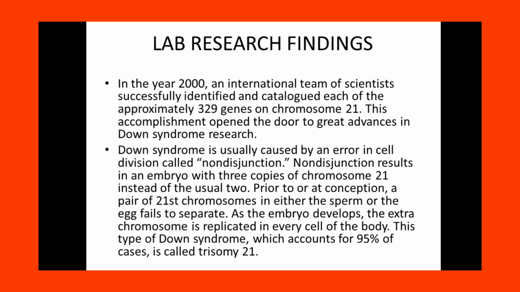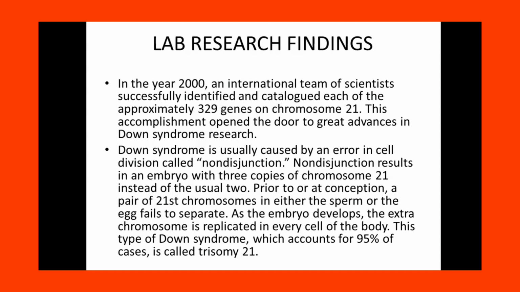Down syndrome is usually caused by an error in cell division called non-disjunction. Non-disjunction results in an embryo with 3 copies of chromosome 21 instead of the usual 2. Prior to or at conception, a pair of 21st chromosomes in either the sperm or the egg fail to separate.